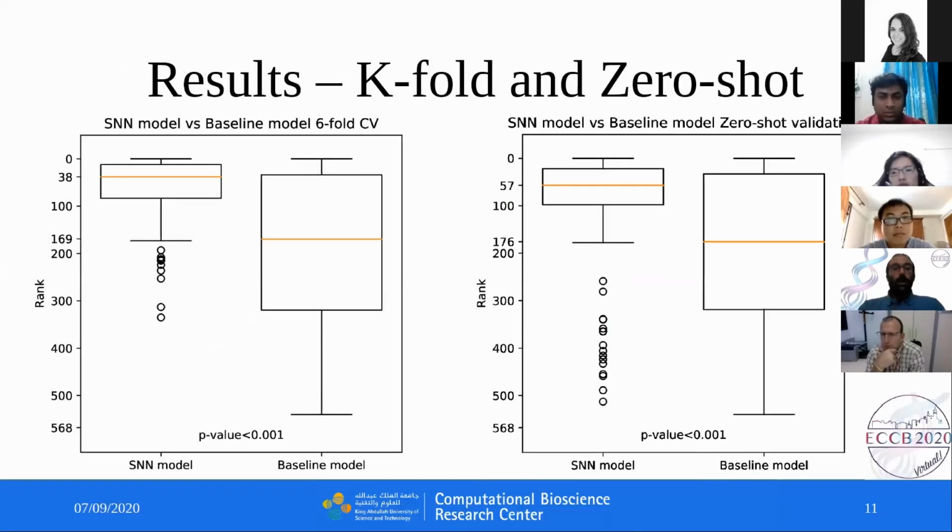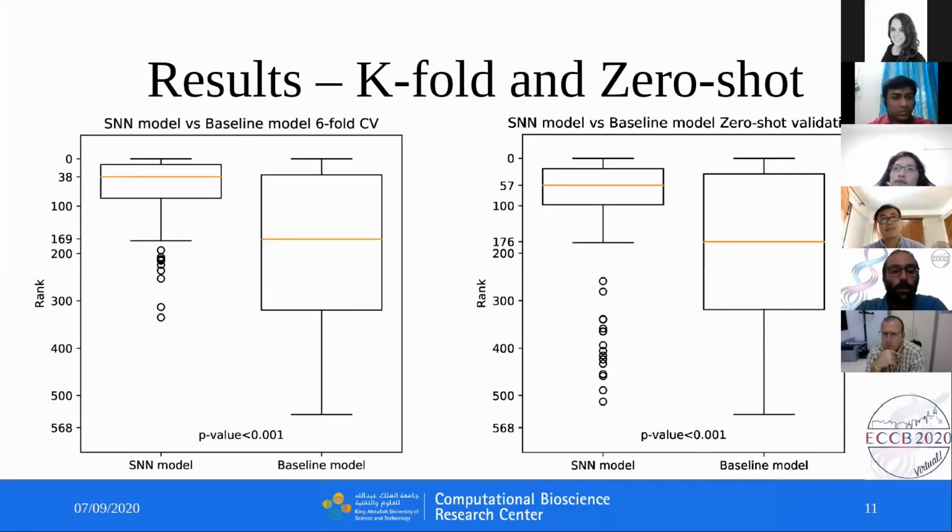Now, to validate our method, we decided to use two approaches. We used the standard k-fold cross-validation. In this case, we used a 6-fold cross-validation because it was the best possible solution without removing too many classes from our datasets, since some of them did not have enough samples to be validated using a higher number of folds.